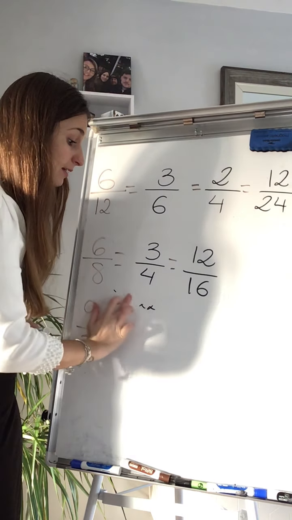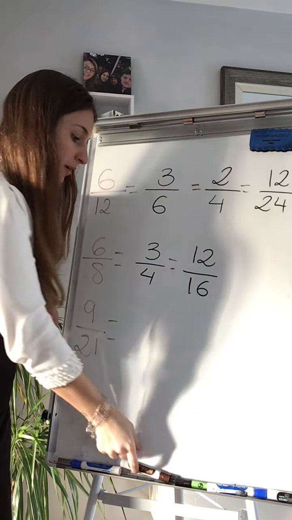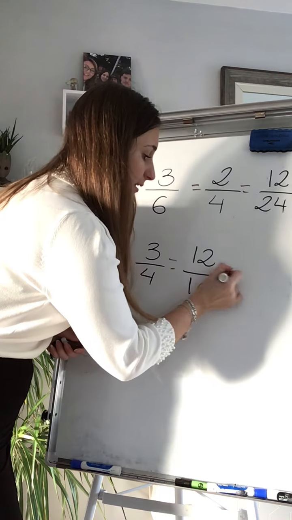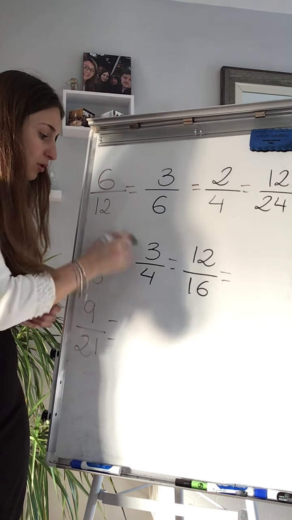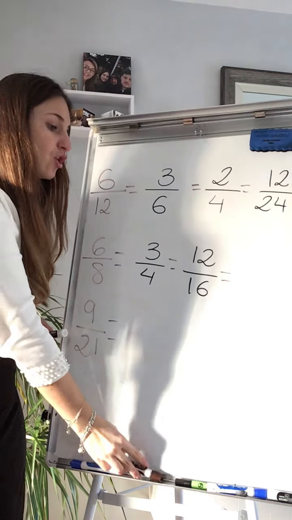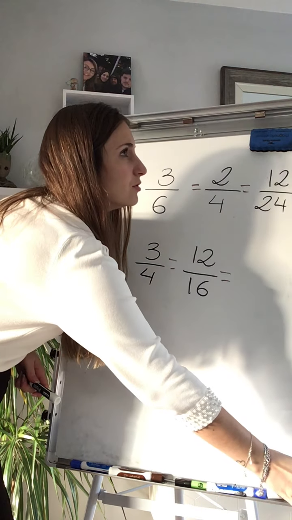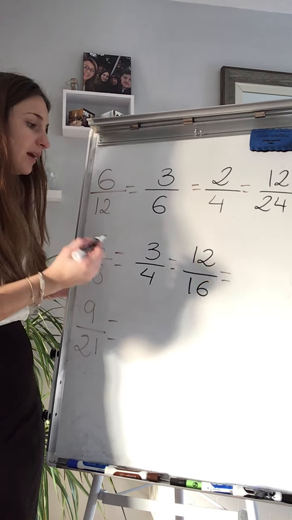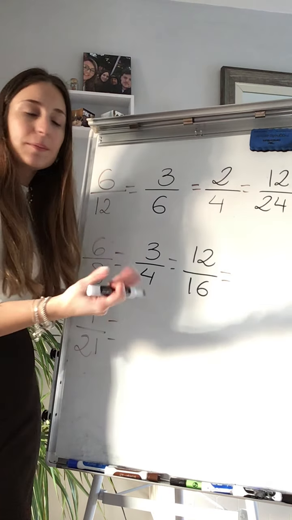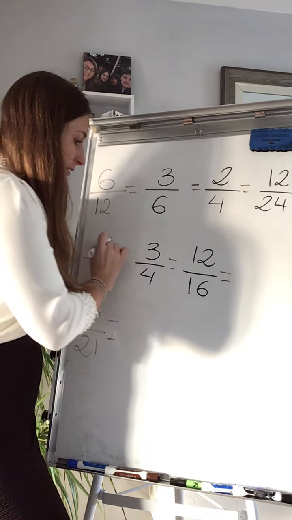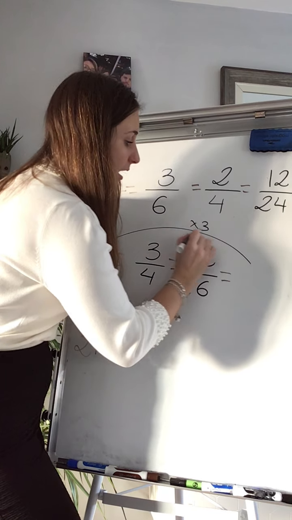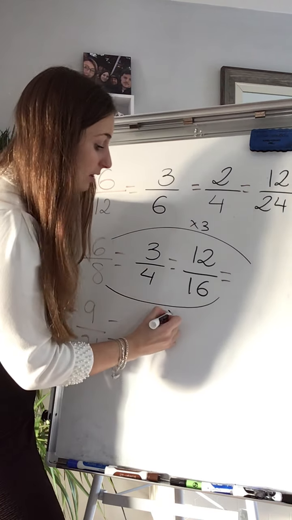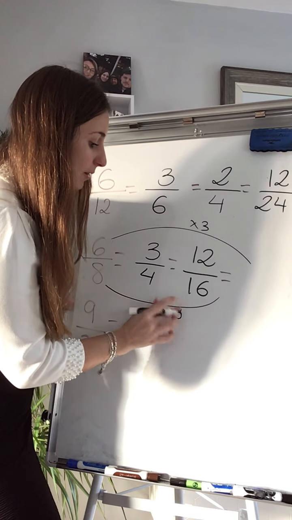You could do even one more. This time, I am not going to divide anymore because I can only divide by 2. So this time, I've timed it by 2, and I'm going to time it by 3. I need to time my numerator and my denominator by 3.